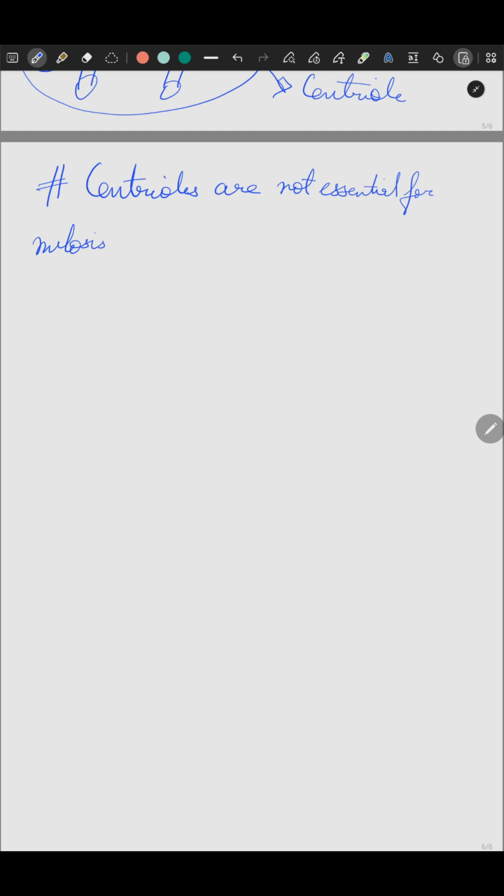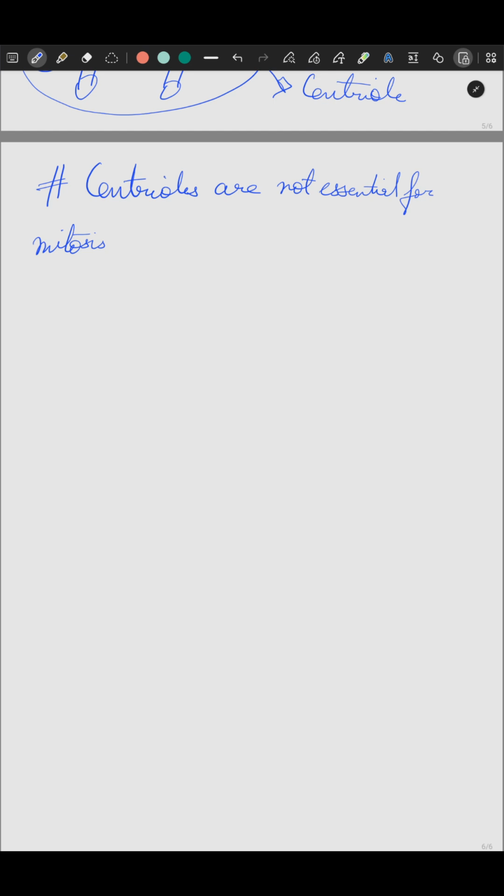The important part here is that the centrioles are not essential for mitosis. Even if they are destroyed, the spindle still forms.